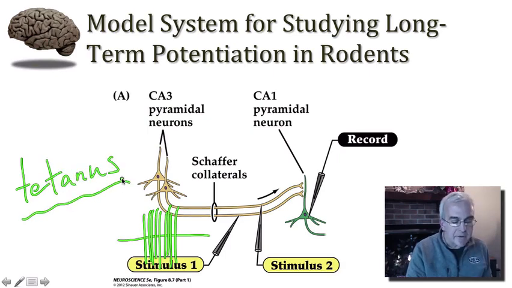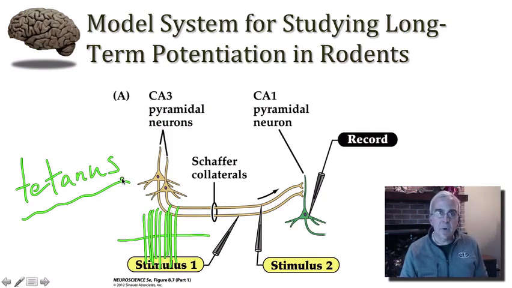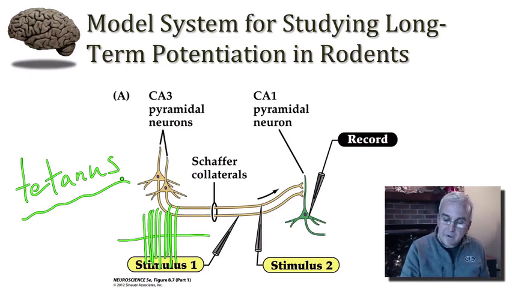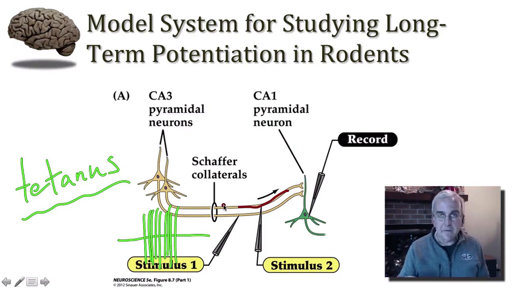So this kind of tetanic stimulation is what will be used to stimulate a pathway and induce long-term potentiation. Meanwhile, a second microelectrode can be positioned to activate a different set of axons that is present and functional, but just not stimulated with a tetanus.